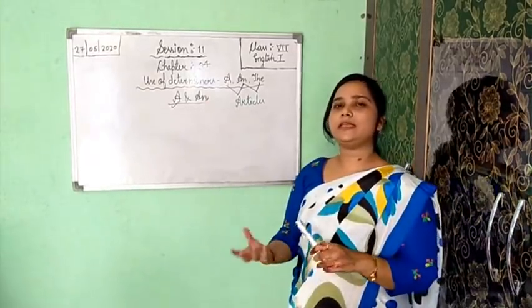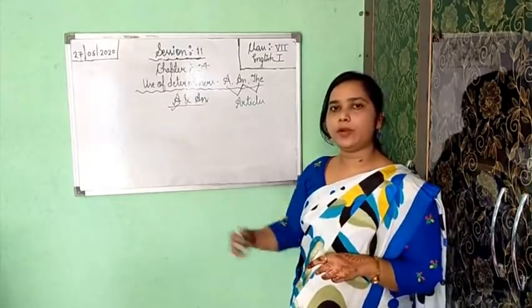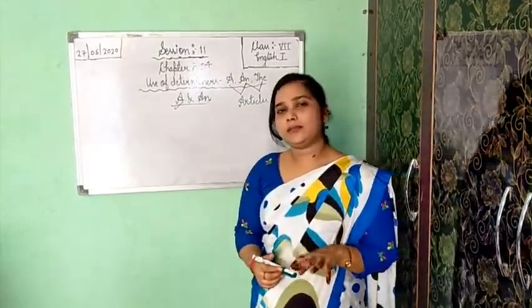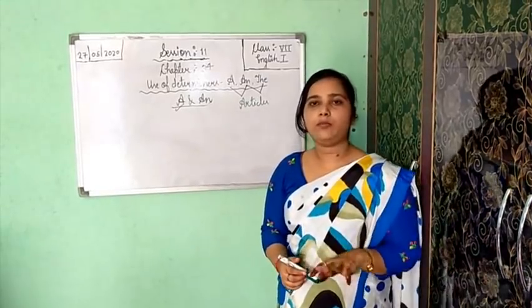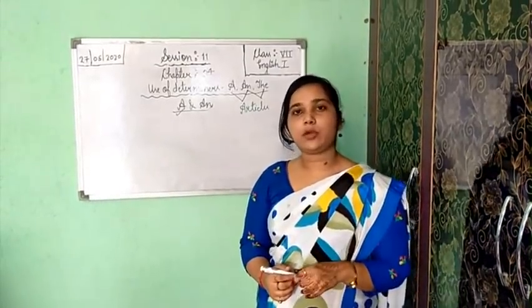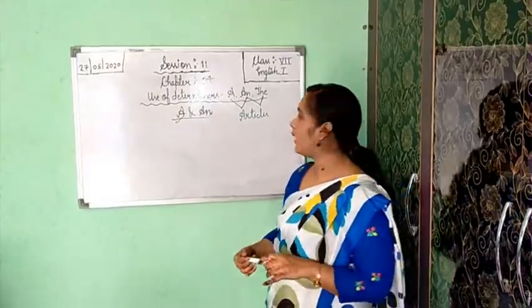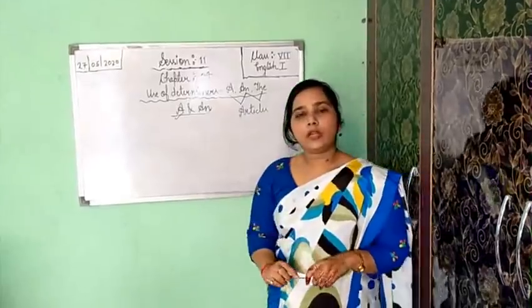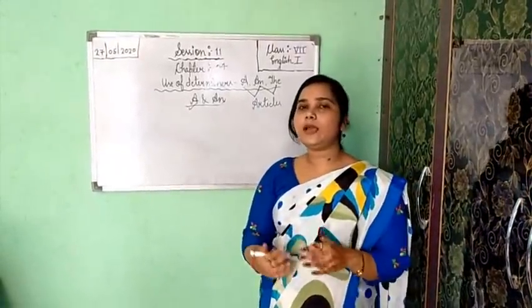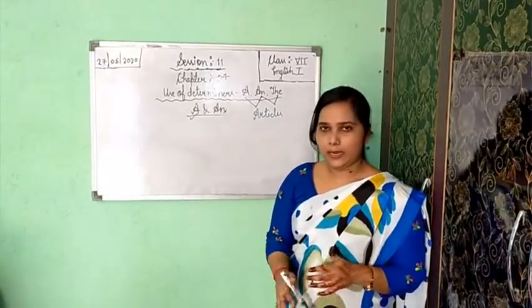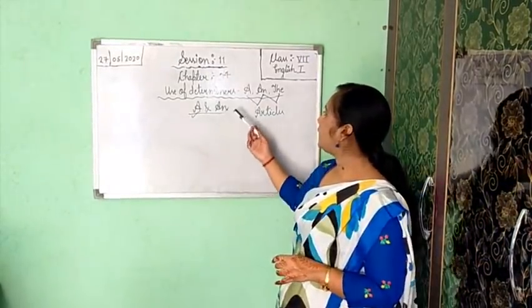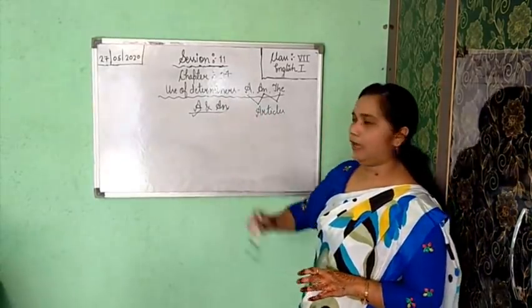For showing the name of anything, or when the person is spoken of as a representative of a class, you will put article a or an. In some phrases also, we are using article a or an. Okay, so these are the points related to article or determiner a and an.